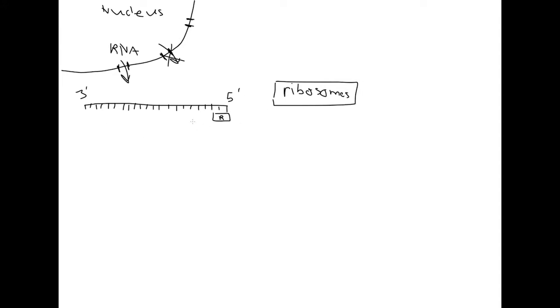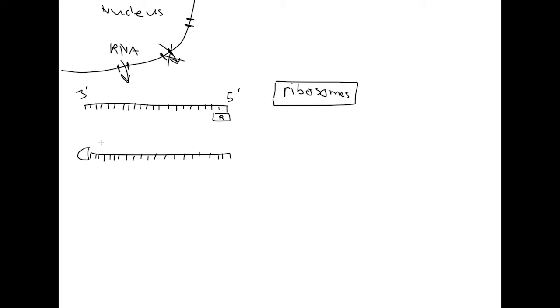The second way I want to talk about is destabilization. So when you have an RNA, I haven't gone into this before, but RNAs all have caps. These caps basically ensure that your RNA is not going to be degraded.